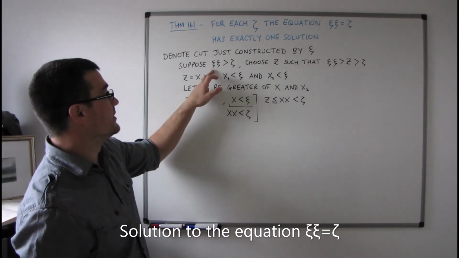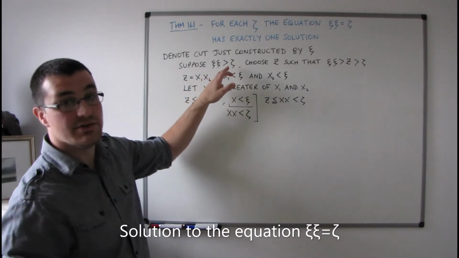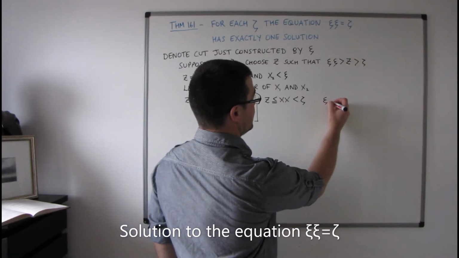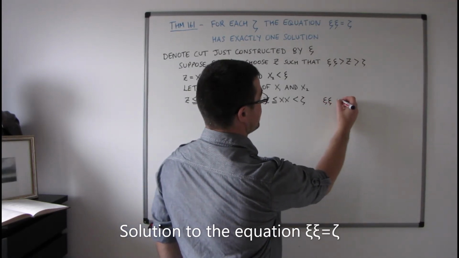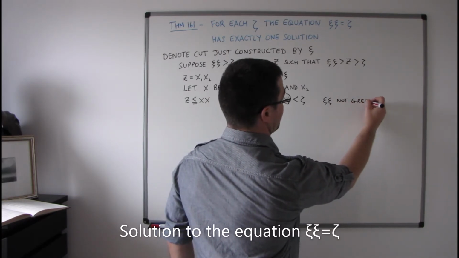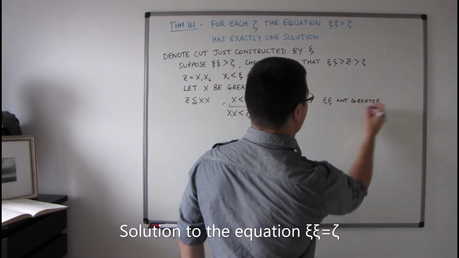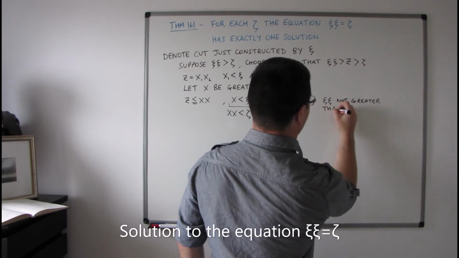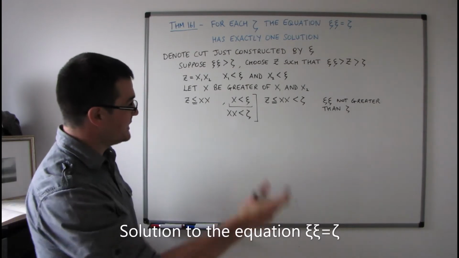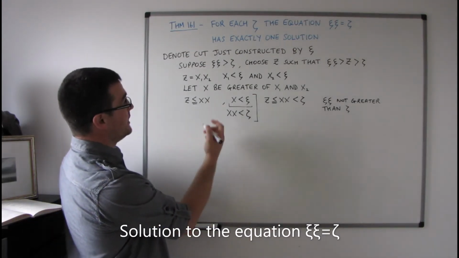Therefore xi times xi is not greater than zeta, so xi is not greater than zeta. Let's do the same thing now for the other direction.